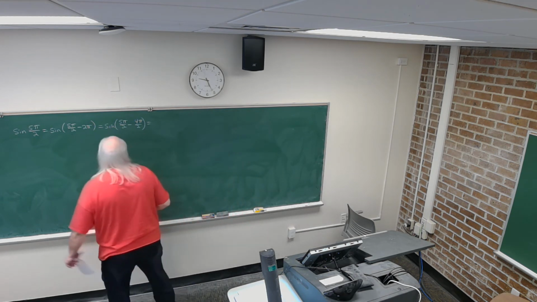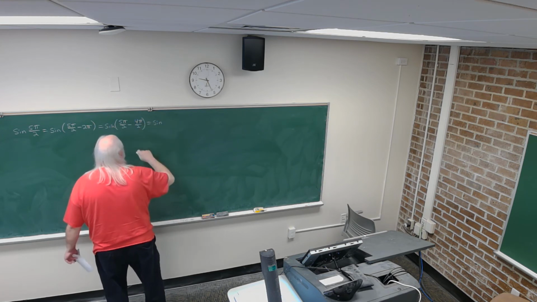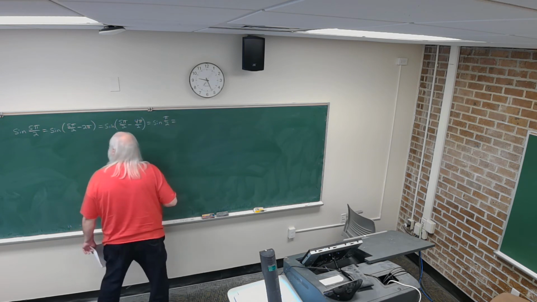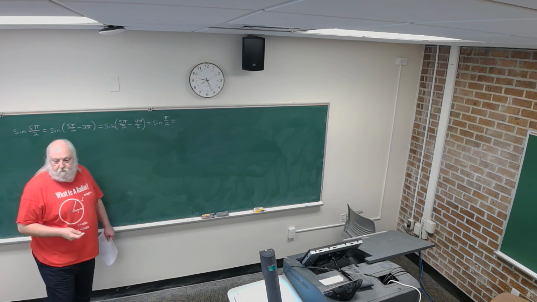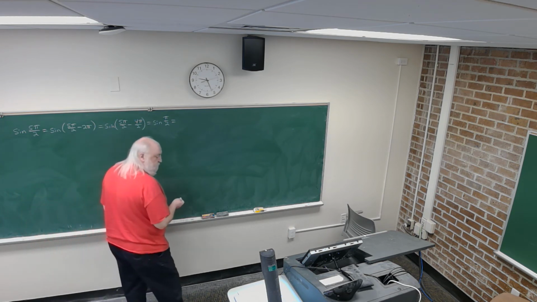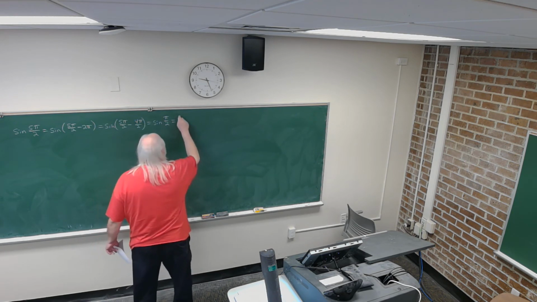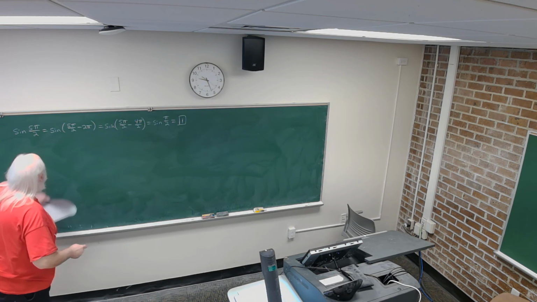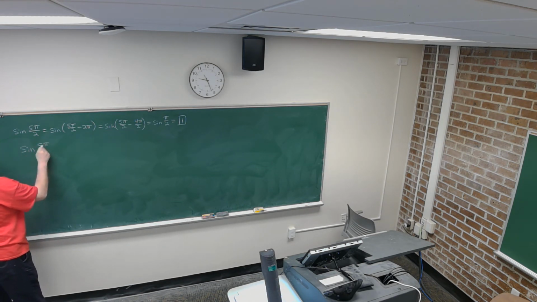And 5 pi over 2 minus 4 pi over 2 is pi over 2. Well, we know what the sine of pi over 2 is, right? What's the sine of pi over 2 equal to from the previous page? It's equal to 1. So the sine of 5 pi over 2 is equal to 1.